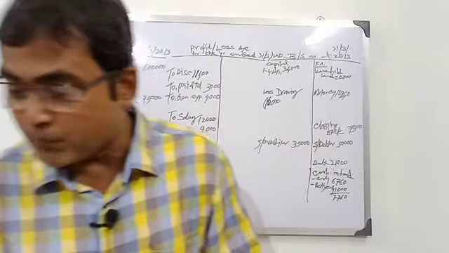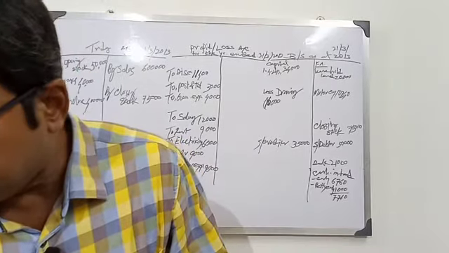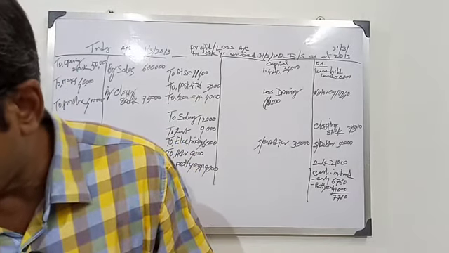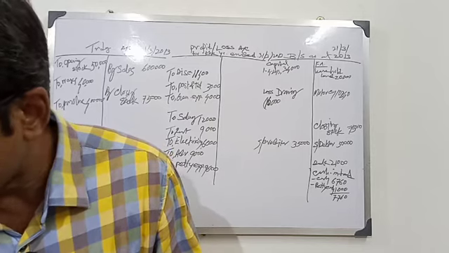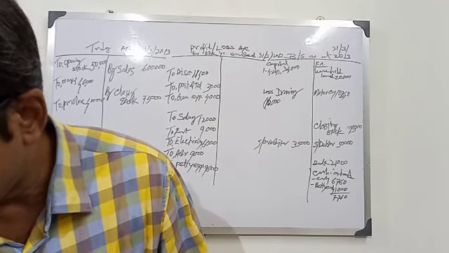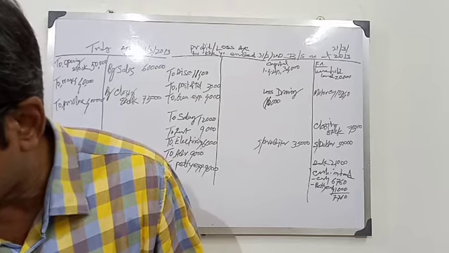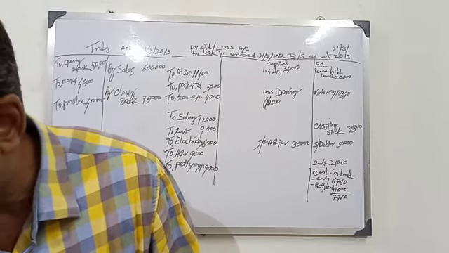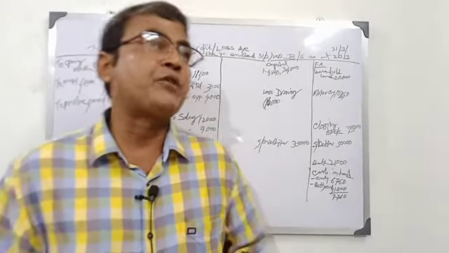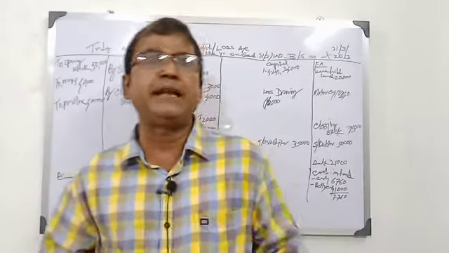Next journal entry. Now, petty cash balance represents the month-end imprest amount. On the closing date, the petty cashier had vouchers totaling 400 which had not been received or reimbursed from the head cashier. Now, what is petty cash? Let me explain.